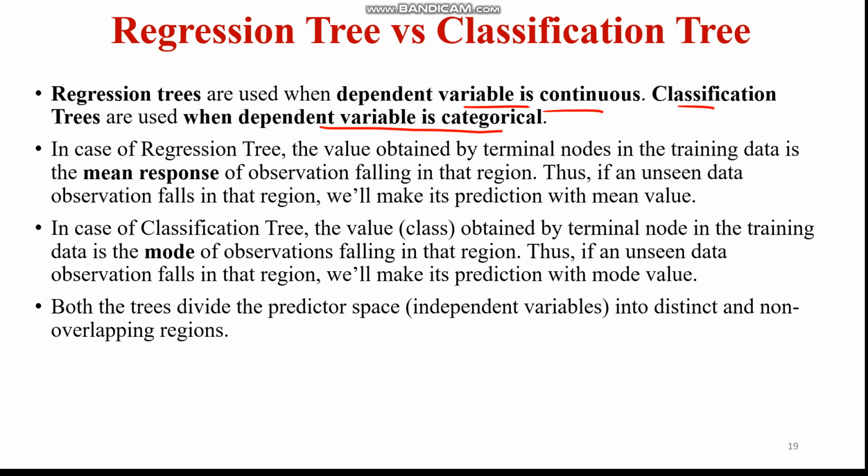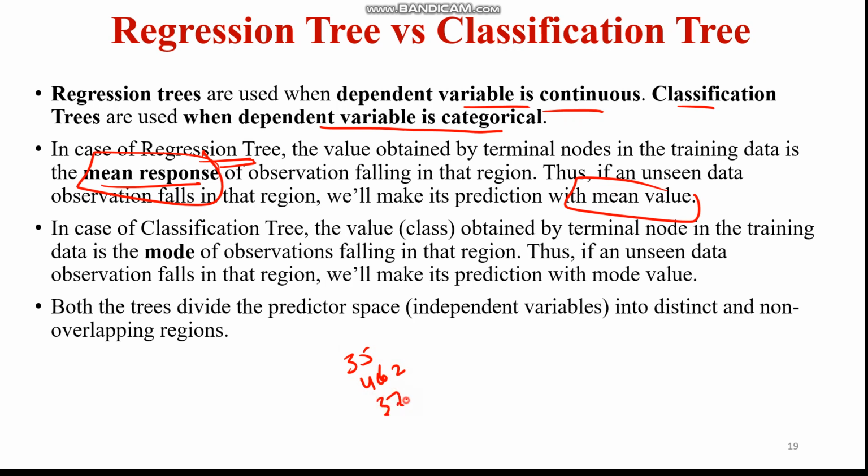The prediction is the mean response of the training observations falling in that region. So if unseen data observations fall in that region, we make the prediction with the help of the mean value. We go with the mean response because we are using a continuous variable.